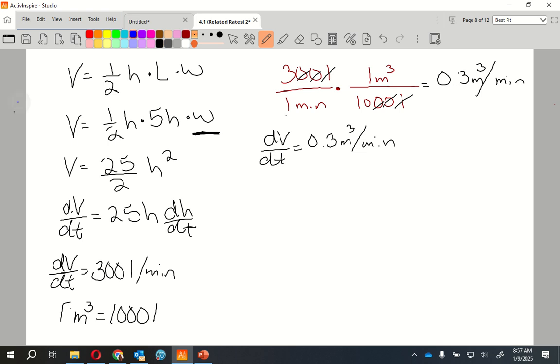All right, so now, because we're trying to get this item by itself, I know what dV/dt is, which I just got. So I got 0.3 equals 25, and what was my height? 1.5 times dH/dt.